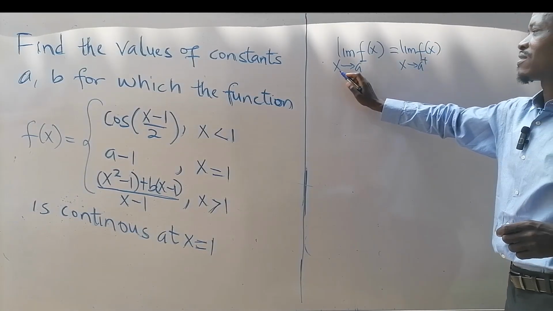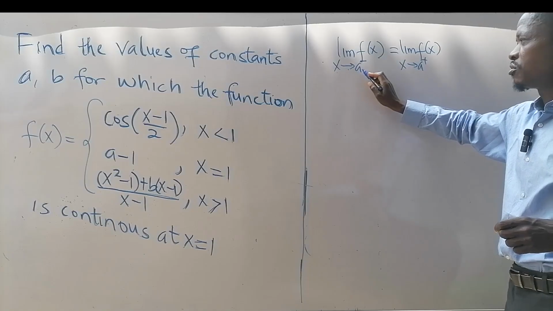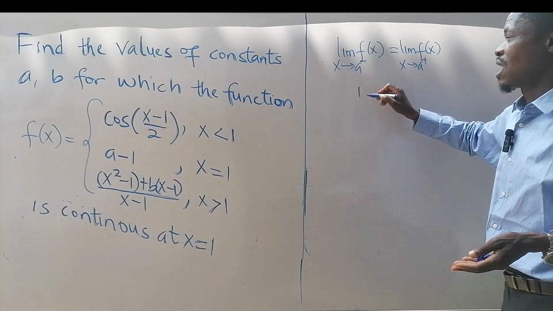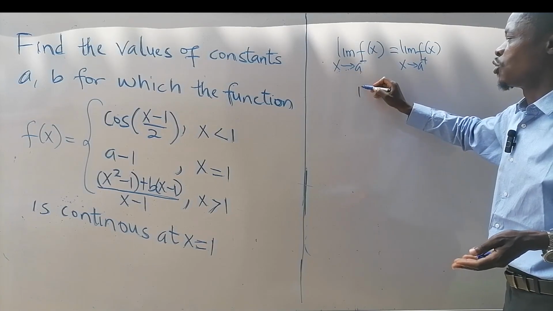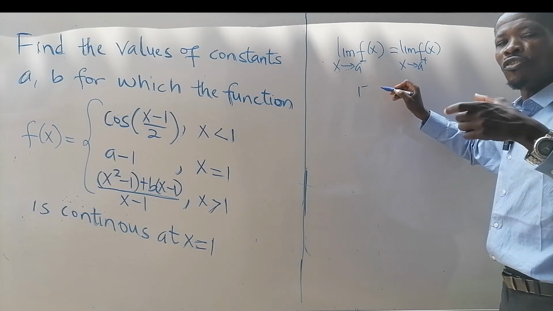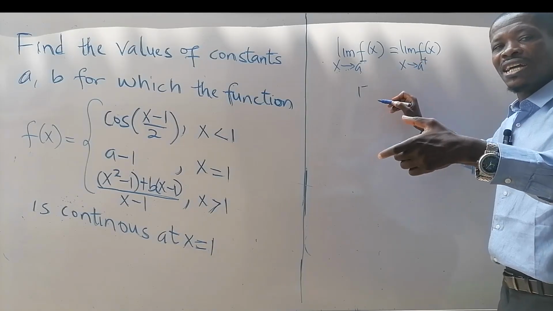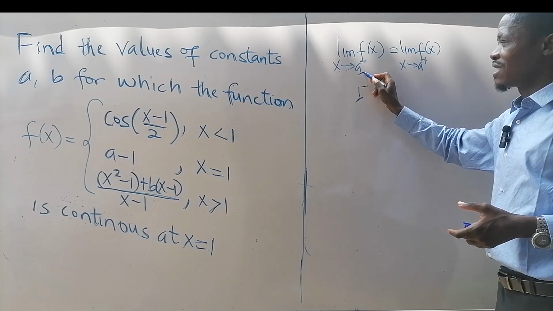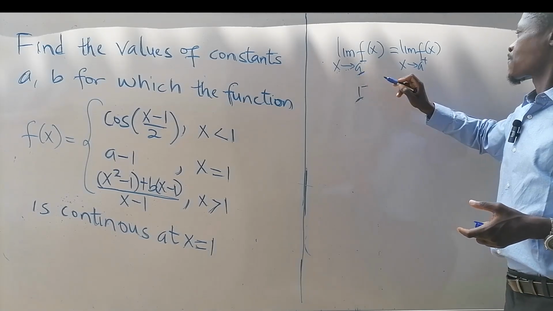For the left-hand side, we have x tends to a negative. Let's imagine that a is 1. That means x tends to 1 negative. So at that point you look for the function where x is less than 1.